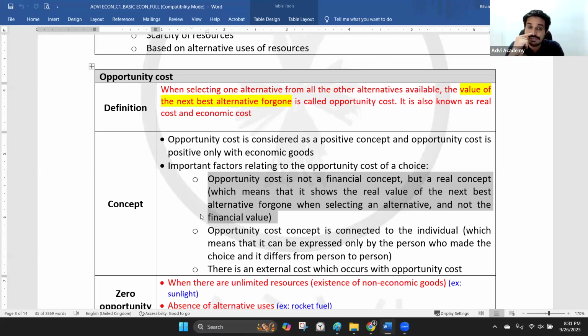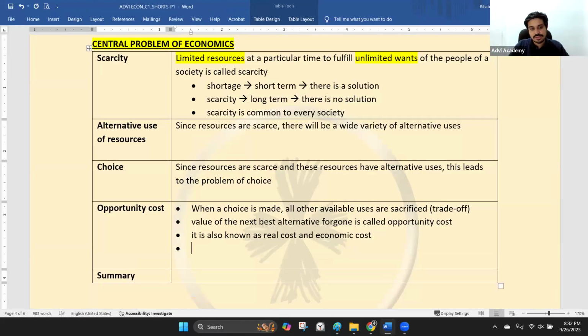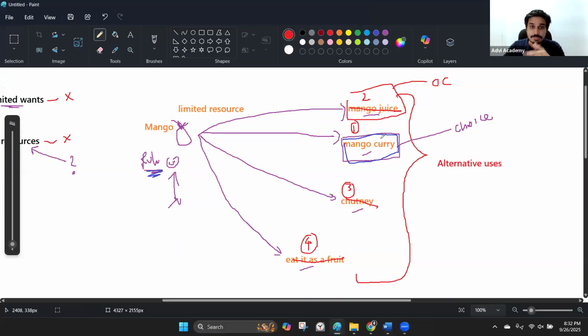That is why it's not a financial concept but a real concept, because not everything is measurable in money. The other thing is that opportunity cost is always subjective. Opportunity cost depends on the person. What does this mean? Coming back to the mango example, this boy chose mango curry as the first and mango juice as the second.